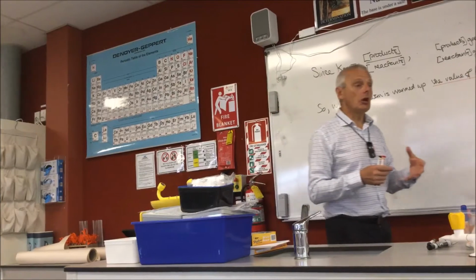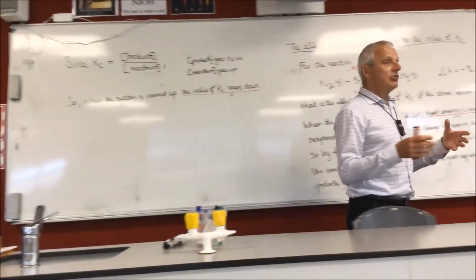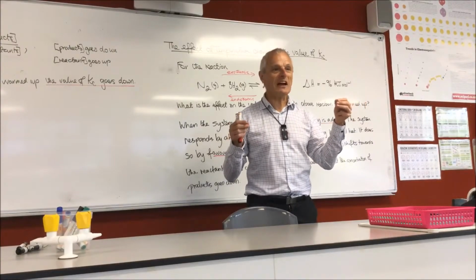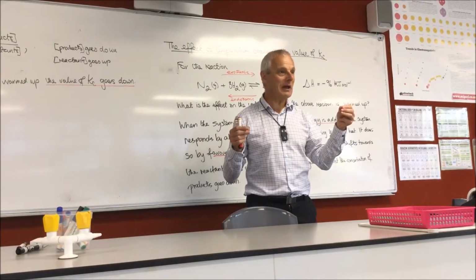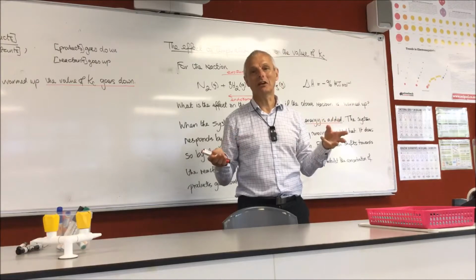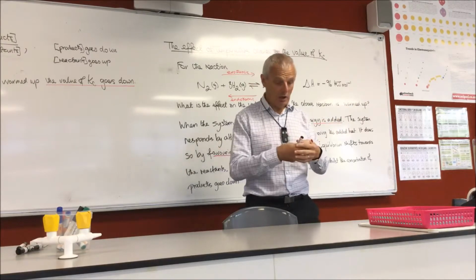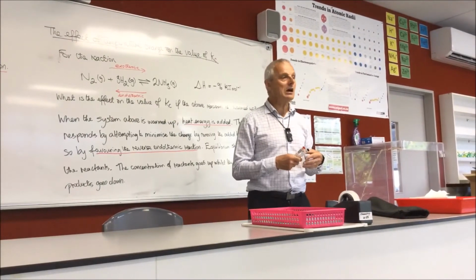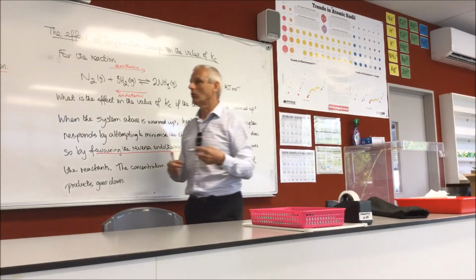What it does do, though, is it speeds both reaction rates up, so you get to equilibrium faster. It's the same place, but it's there faster. Does that make sense? Very simple, just a couple of sentences to write it. They might ask you something. It's very rarely asked, but it might be asked, so it's a good idea to cover it.